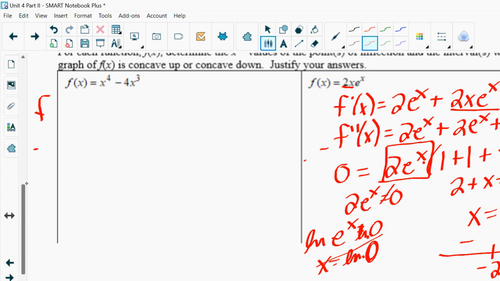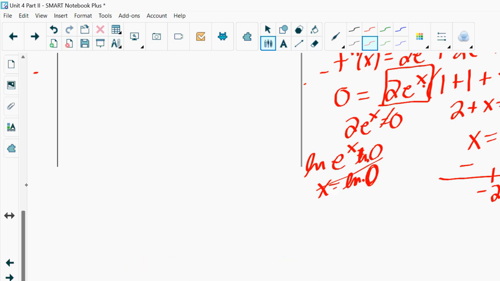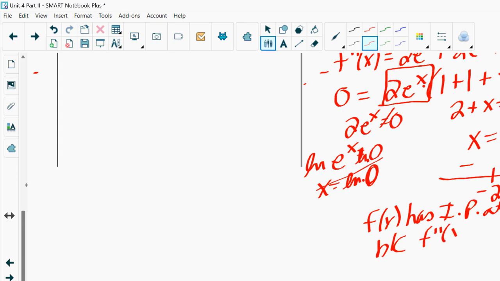And just like for max and mins, if they ask you to justify your answer, you cannot just say x equals -2 and show me this work. You have to say f of x has an inflection point at x equals -2 because f double prime of x changes from negative to positive, or you could just say because f double prime of x changes signs.